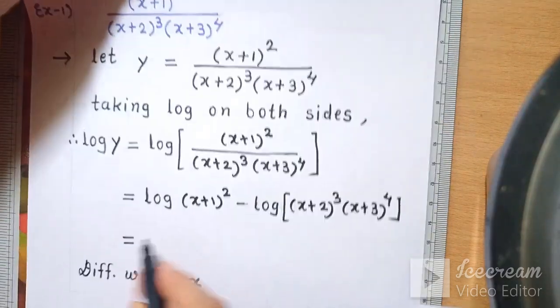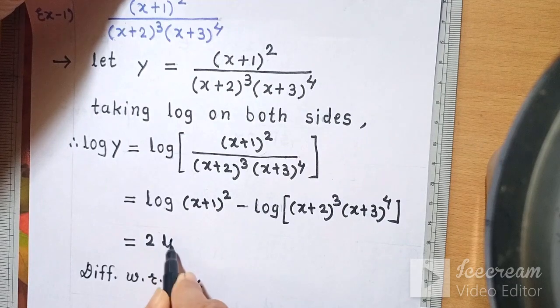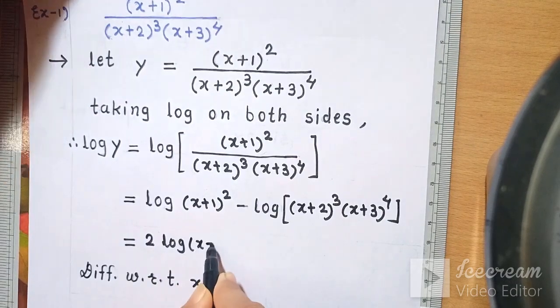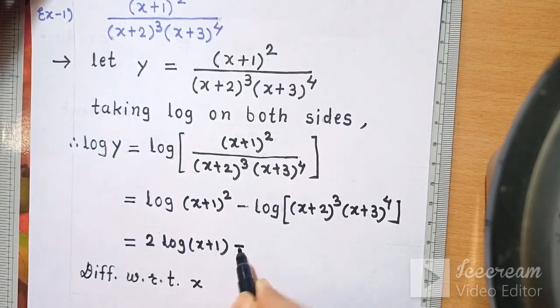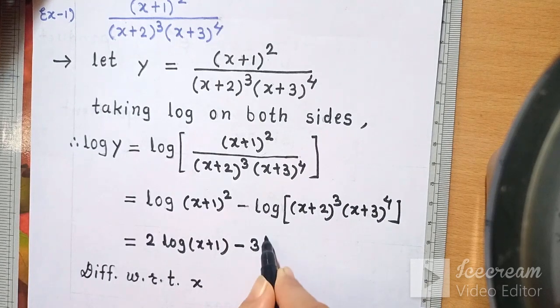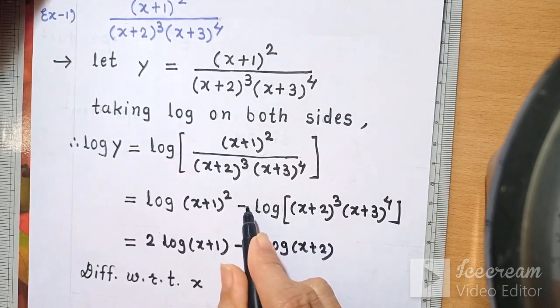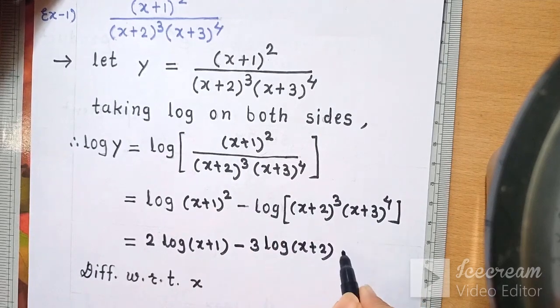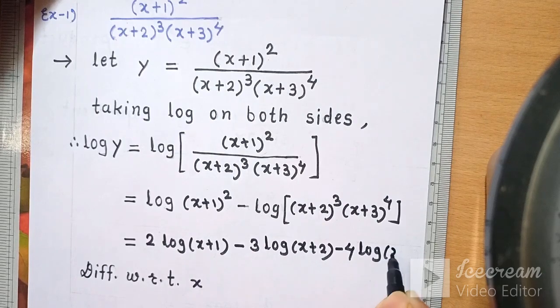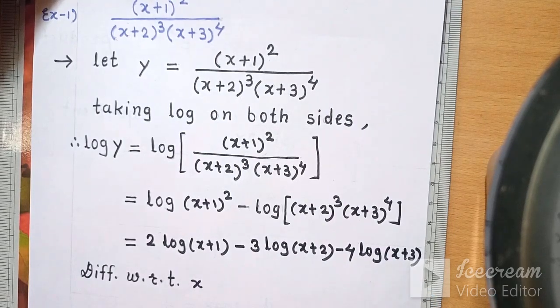So I am writing 2 log (x plus 1) minus 3 log (x plus 2). Because of this minus sign, both the terms become minus 4 log (x plus 3).